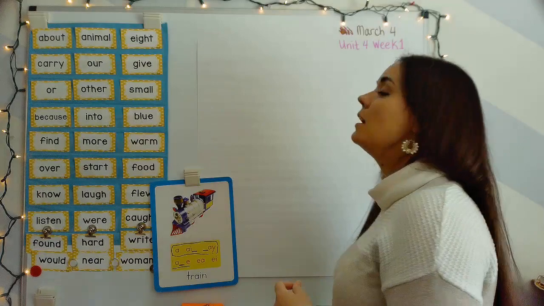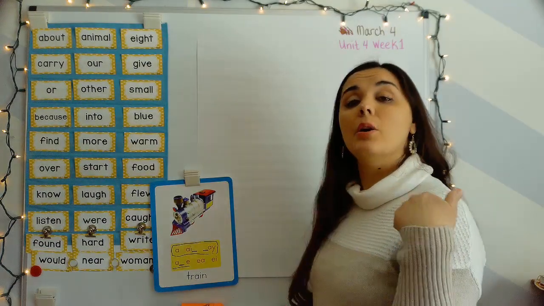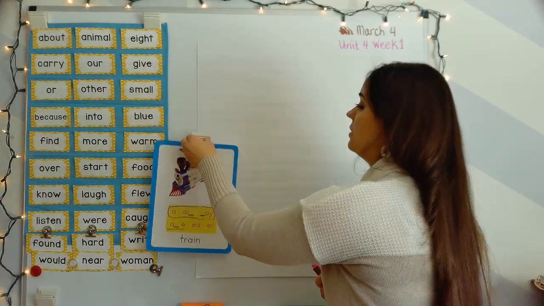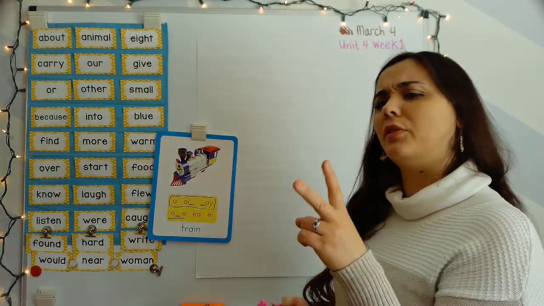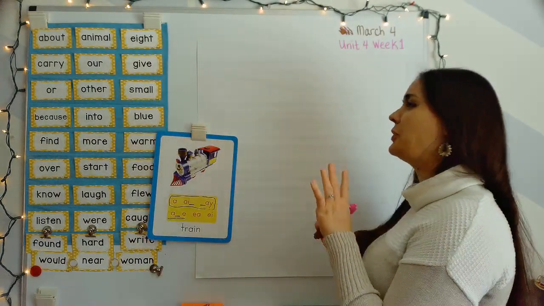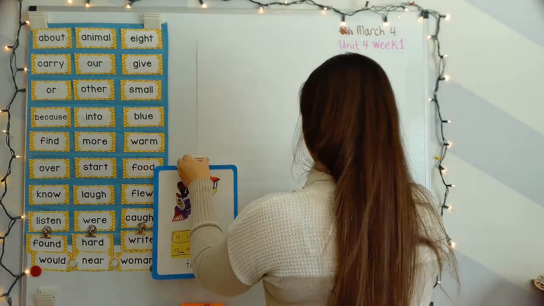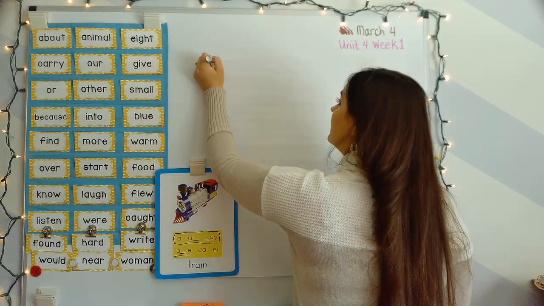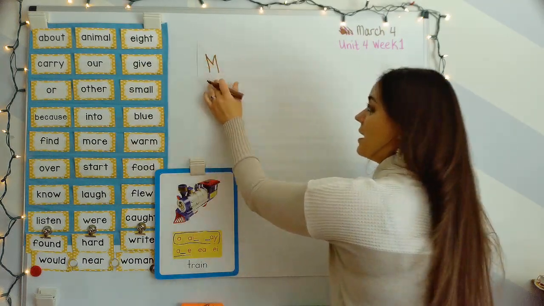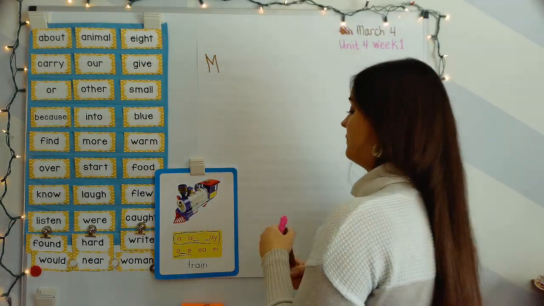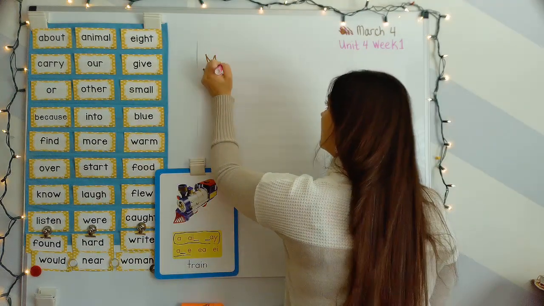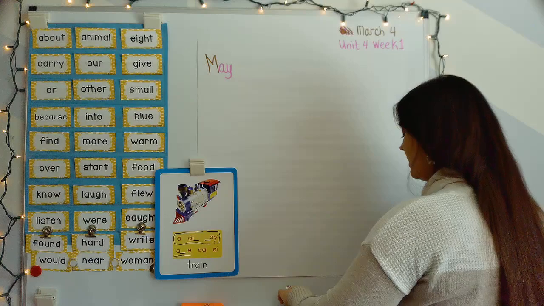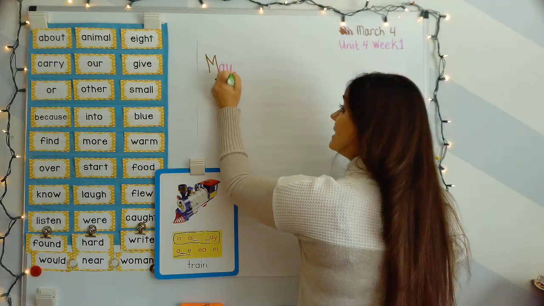First word, may. Your turn. A, may. So this word, may, it's actually two different ways, two different meanings for the word may. M says mm, and AY is a vowel team.